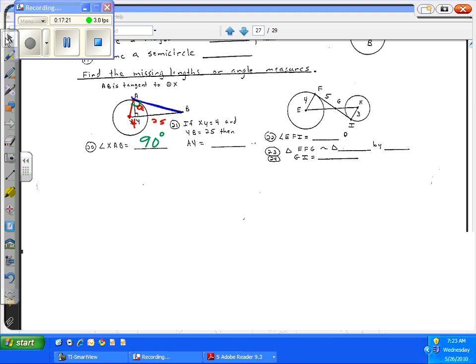AY is the altitude drawn to the hypotenuse. This is chapter 8 stuff. If the altitude is drawn to the hypotenuse, then the altitude is the geometric mean between the two segments of the hypotenuse, and either leg is a geometric mean between the hypotenuse and the segment of the hypotenuse adjacent to that leg.